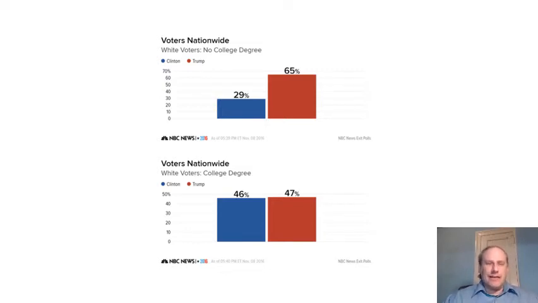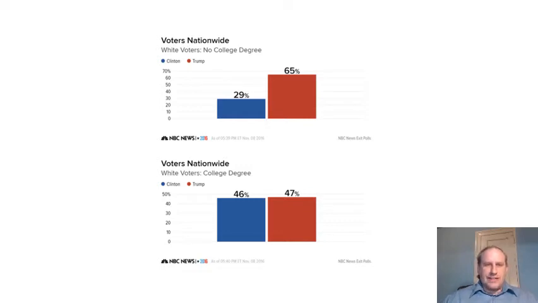For example, the 2016 election. One explanation of what happened is that white voters, especially those with no college degree, moved towards the Republicans in far larger numbers than in some previous elections.